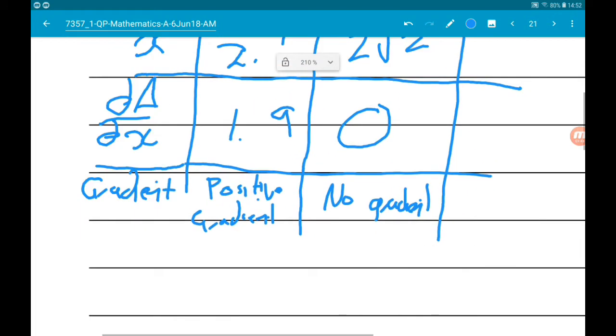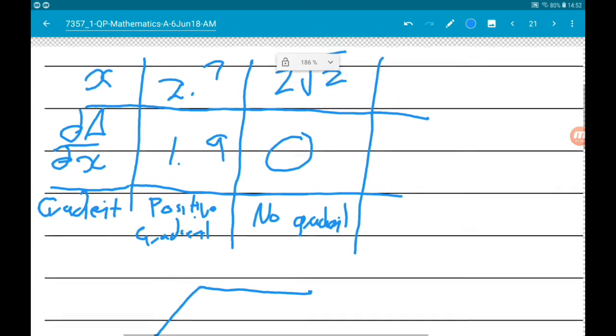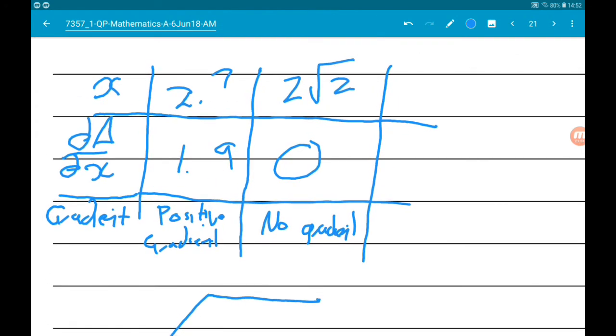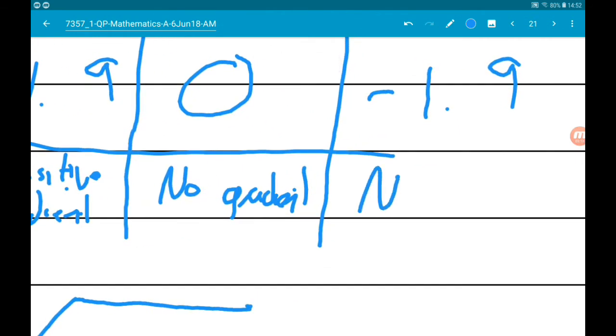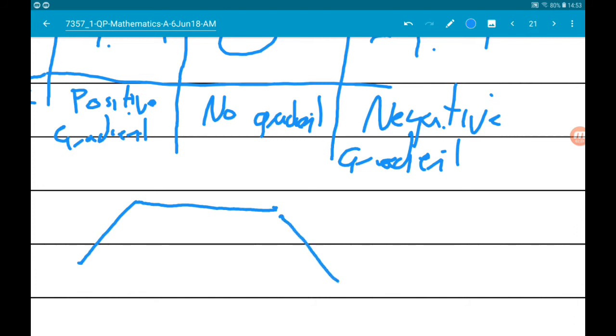So that means so far we've got this picture where the curve is coming up, then there's no gradient. Let's see what's happening on the right. So let's try 2.9 for x. Now if you put that into dA by dx, I get minus 1.9. So we have a negative gradient. So that's then going to look like that.